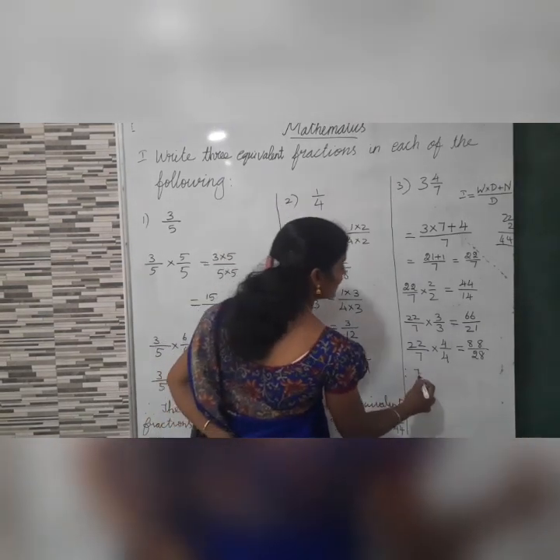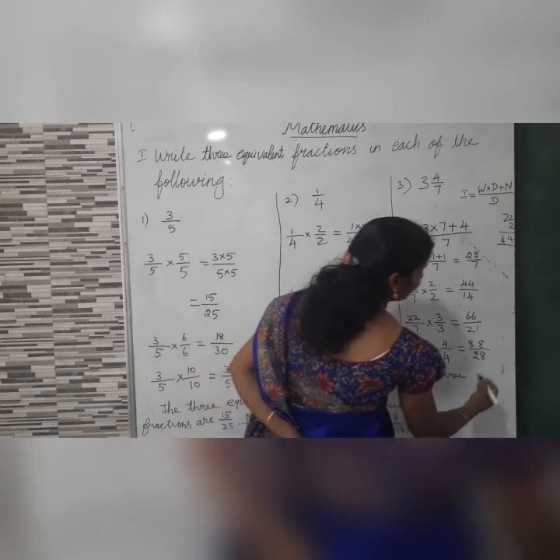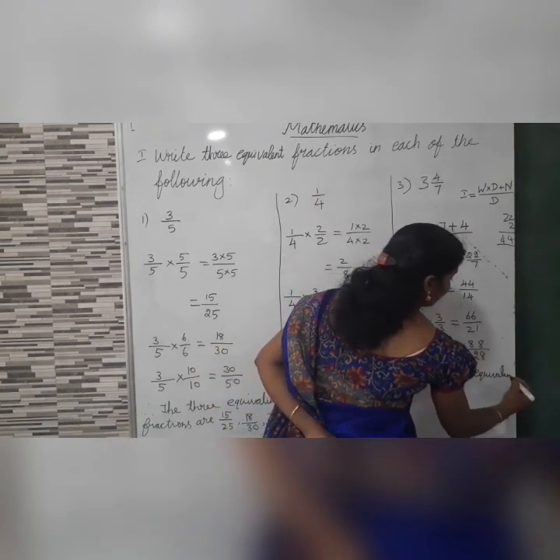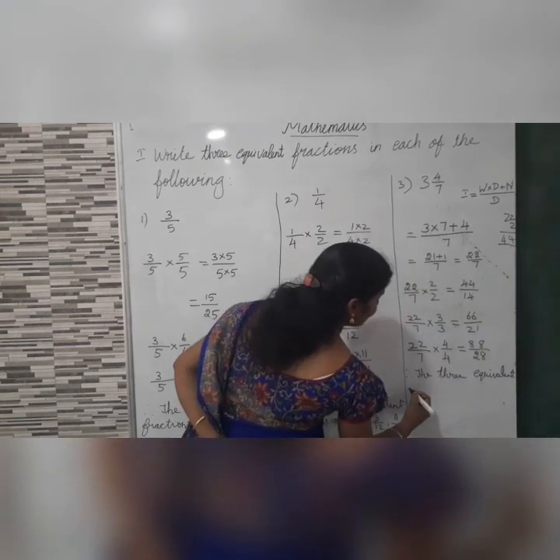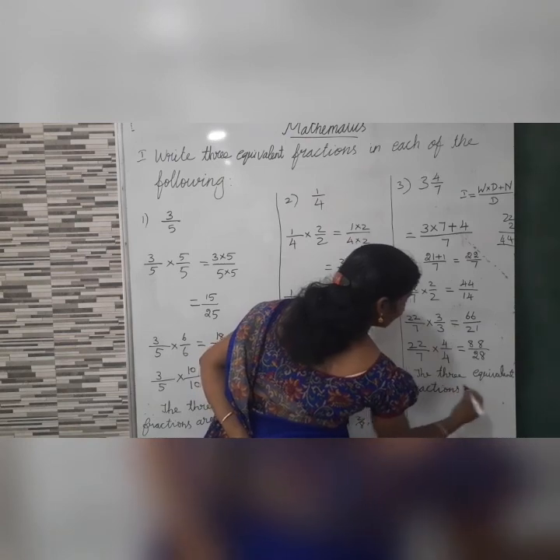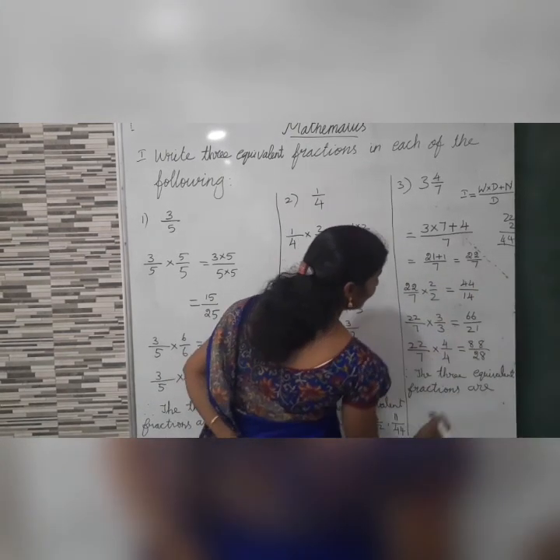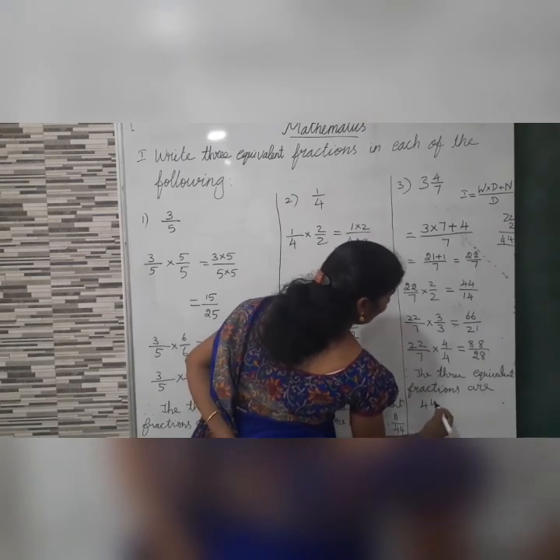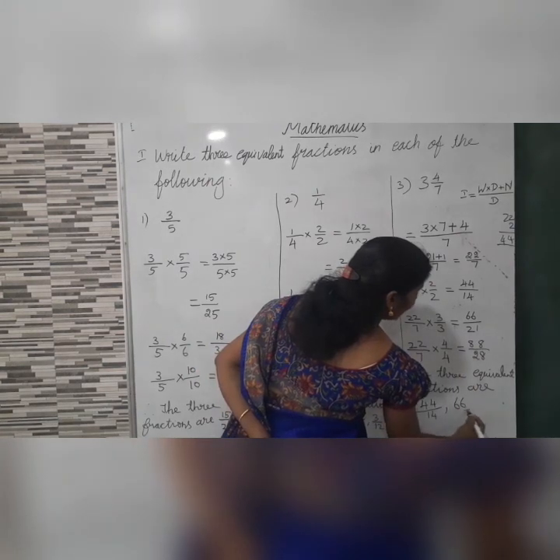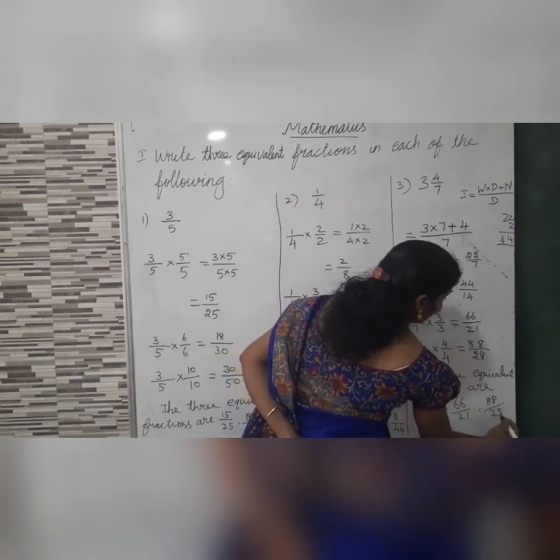Therefore, the three equivalent fractions are: first one is 44 by 14, next 66 by 21 and 88 by 28.